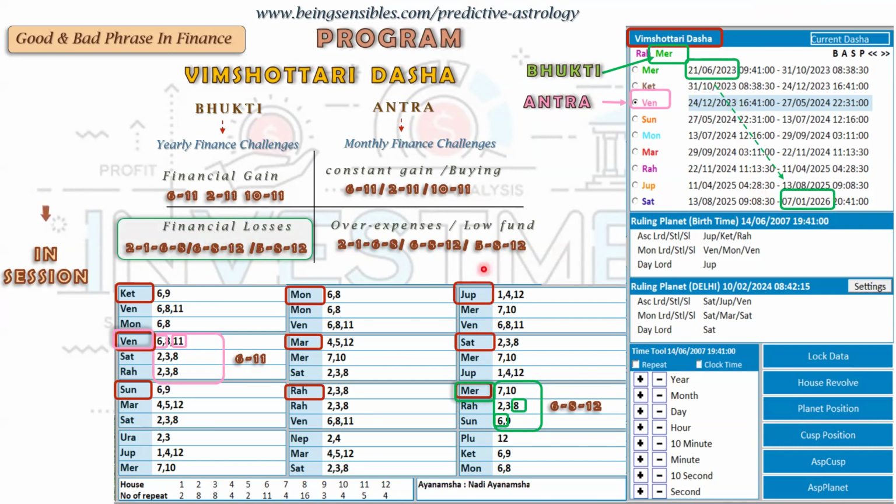the person would experience financial losses, financial challenges, financial crunches, and hardly save money because he has a 6-12 for Bhukti. But since Antara is good, having a 6-11, from 24 December to 25 May month, whatever he lost, he can regain in this phase.